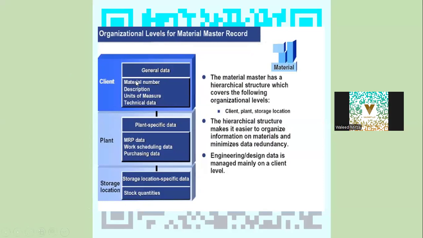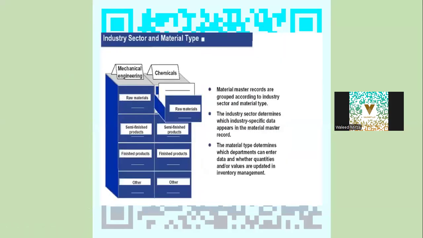At client level, we have the material number and description. So it is operating at a client level, a high level, because the material can be extended to a plant. Material types can be different. They can be for different segments or industries. Mechanical engineering will have its own set of raw materials, semi-finished goods, finished goods, and others, and chemicals will have a different set of material types.